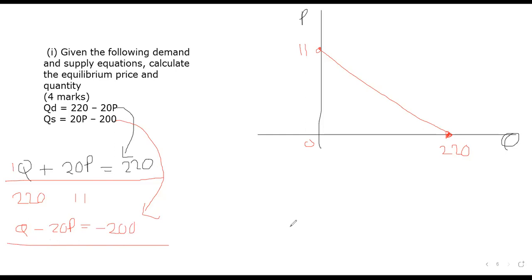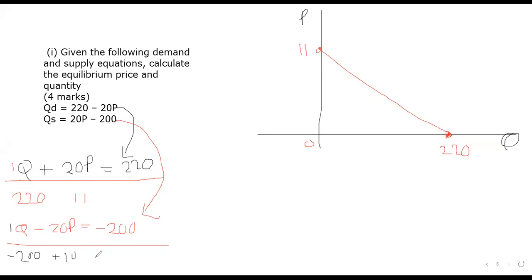The coefficient of Q is what? 1. So 1 into negative 200 is negative 200. Negative 20 into negative 200 is positive 10.